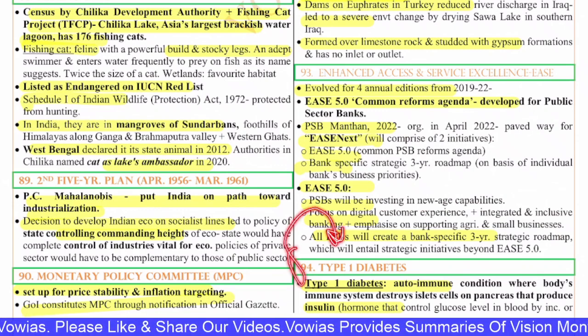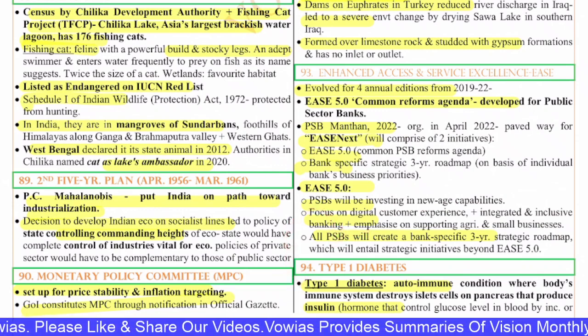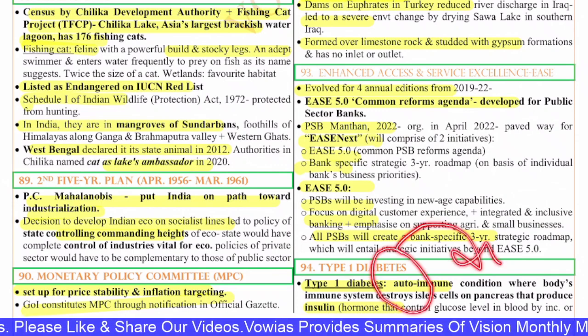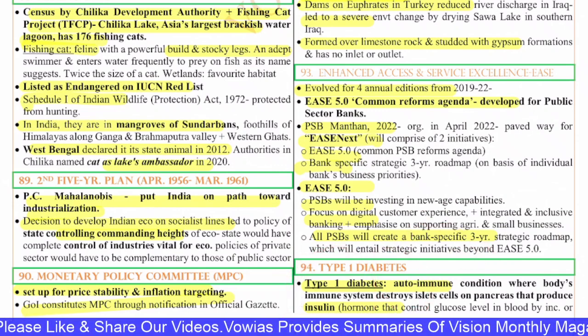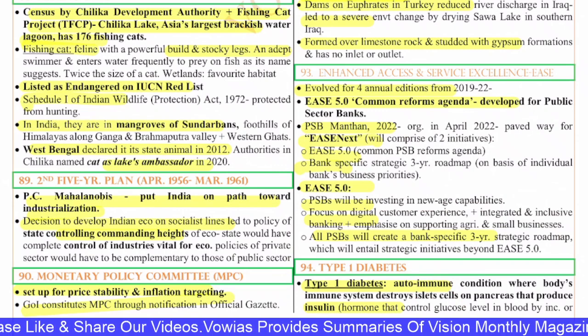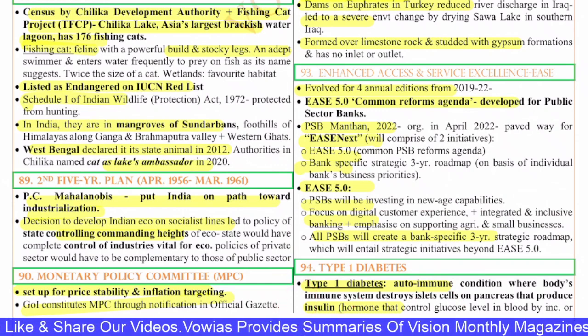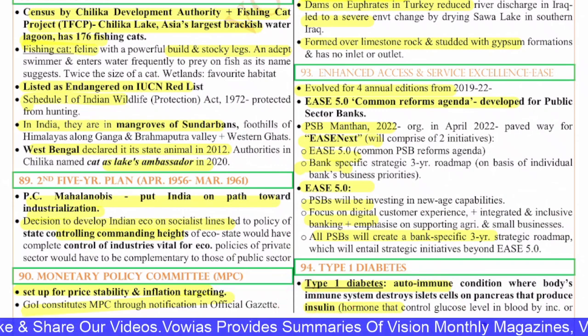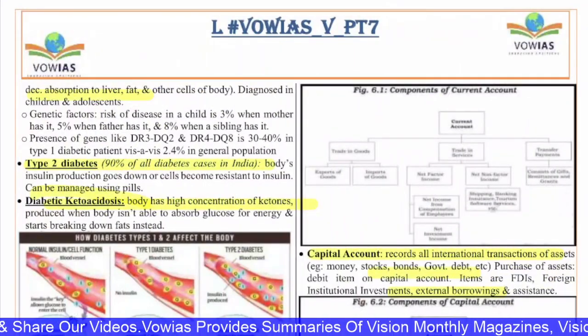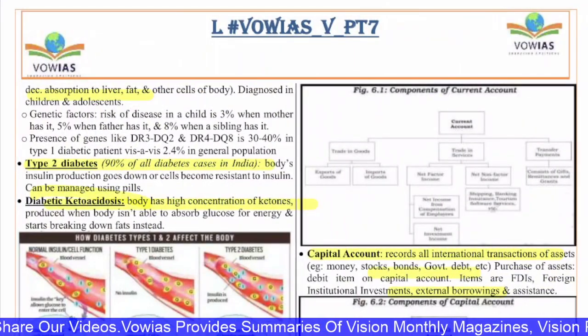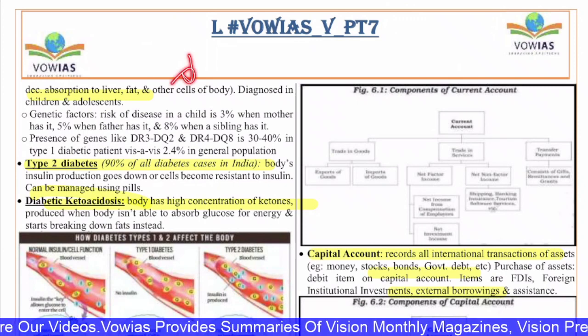The 94th question is on diabetes, type 1 diabetes. Type 1 diabetes is the autoimmune condition where the body's immune system destroys the islet cells of the pancreas that produce insulin, the hormone that controls the glucose level in the blood by increasing or decreasing the absorption into the liver, fat and other cells of the body.